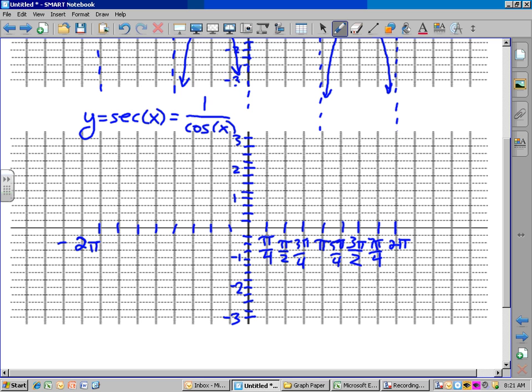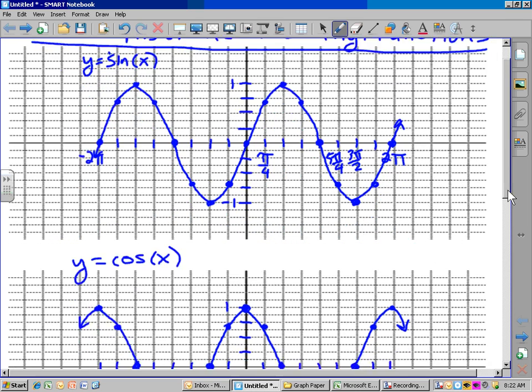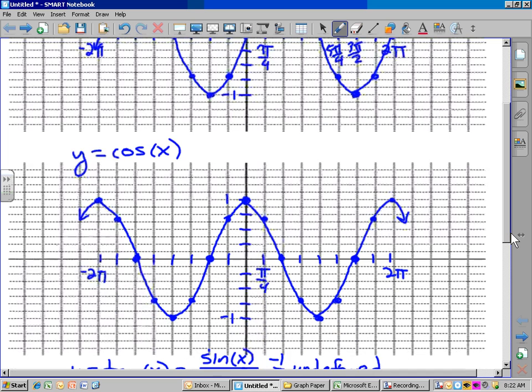All right, so we have to refer to the cosine. Where does cosine start? Okay, so at x equals 0, or 0 degrees, the secant of 0 would be 1 over 1, because the cosine of 0 is 1. So we start where? Also at 1. What would be the cosine of 45, or pi over 4? 0.7.